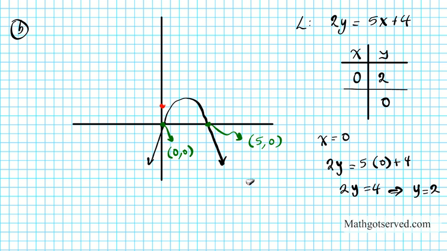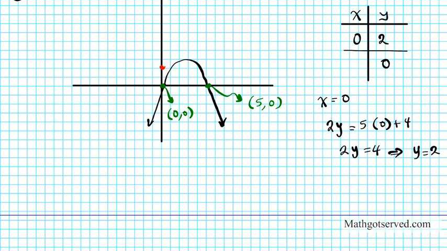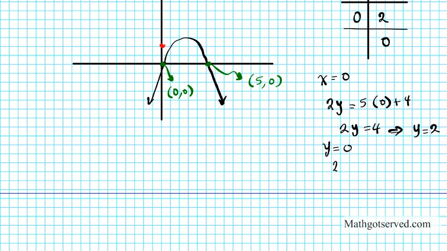The second point I'll get when y is 0. Okay? So when y is 0, it's going to give me the equation 2 times 0 for the y equals 5x plus 4. Okay? So 2 times 0 is 0 equals 5x plus 4.